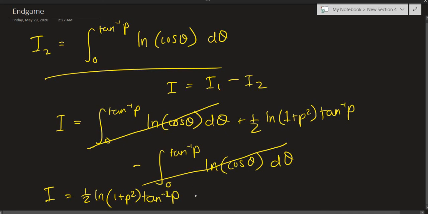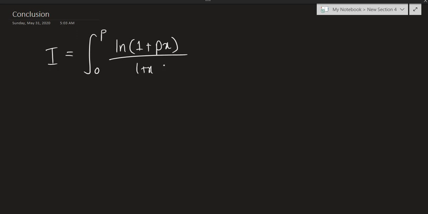Now time to actually summarize everything. In today's video we attempted to generalize the Sechet integral. So we have our generalized Sechet integral as the integral from 0 to p of the natural log of 1 plus px divided by 1 plus x squared dx, and that just evaluated to half of the natural log of p squared plus 1 times the inverse tangent of p.